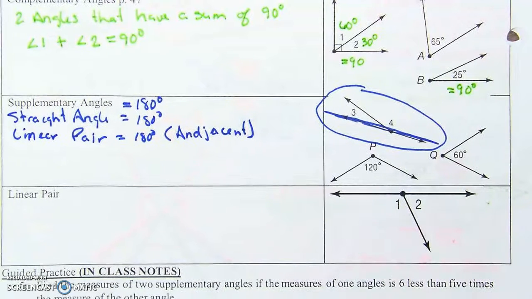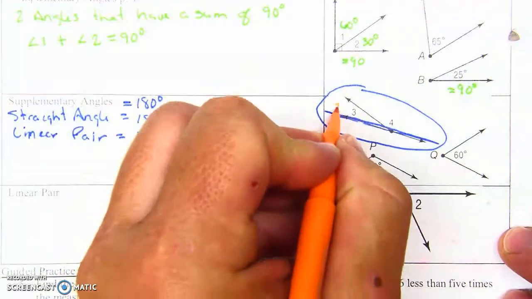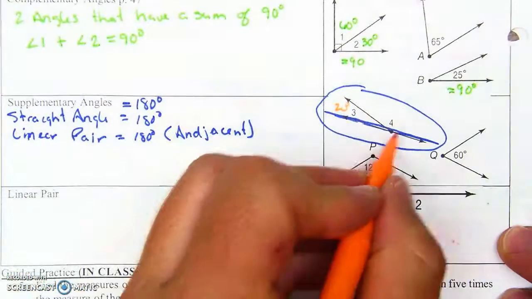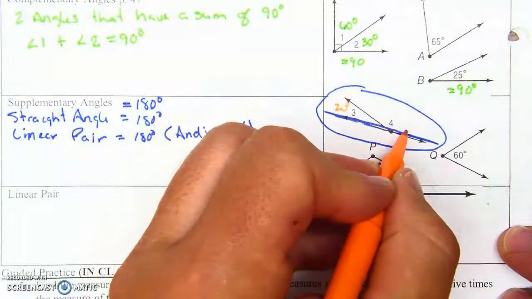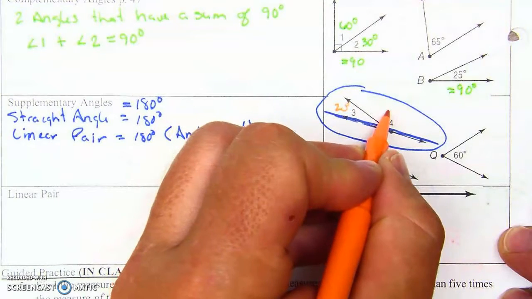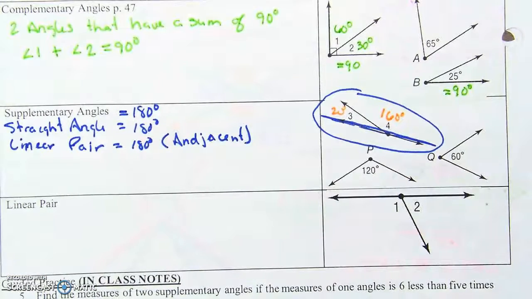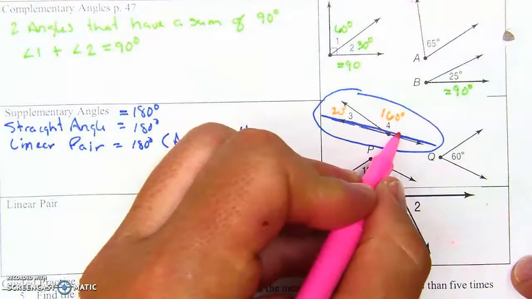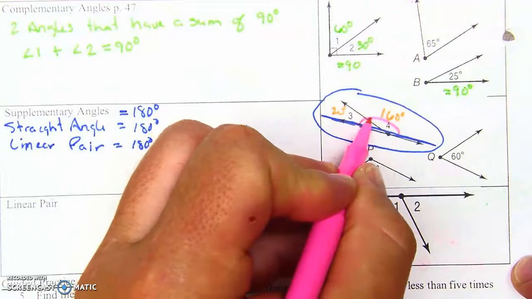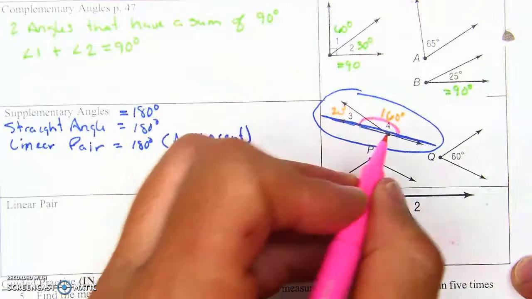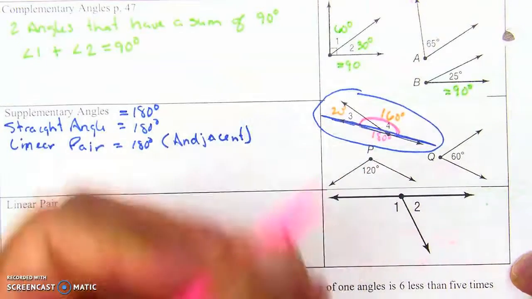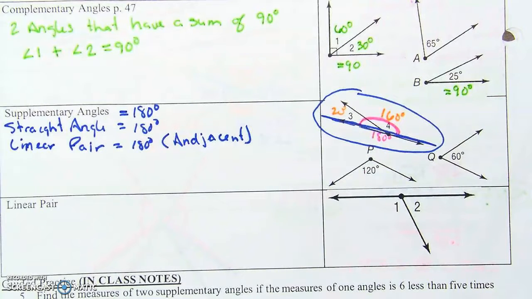Whereas these ones, we cannot call a linear pair because they are not next to each other. Same scenario. If I call this one 20 degrees, we know this whole thing equals 180, so that means this one's going to be 160 degrees. Emphasizing again, if I were to draw an arc through this whole thing, which is basically a half circle or a semicircle, that equals 180 degrees. Okay?